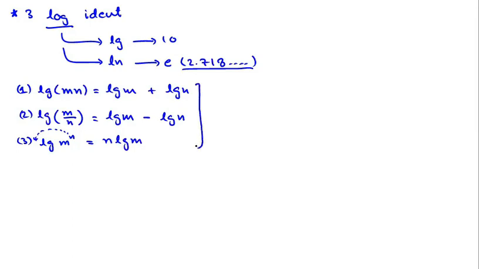Students, all these logarithmic identities hold true for natural logarithm as well, and they are used in part A of graph question. Because in some graph questions of paper 5, the given equation is not linear. For example, look at this equation, y equal m raised to the power x. Now this equation is not a linear equation because it has a power function.